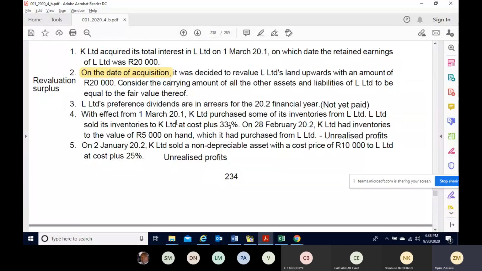On number 4, with effect from 1 March, which is the current year, KLTD purchased inventories from LLTD. LLTD sold its inventories at cost plus 33 and a third percent. And on 28 February 20.2, KLTD had inventory of 5,000 that they were sitting with.